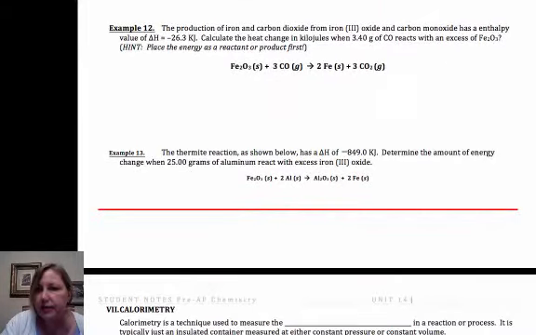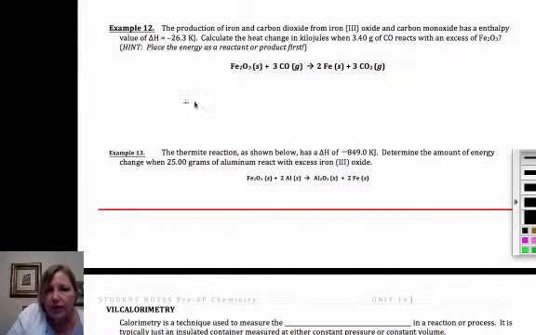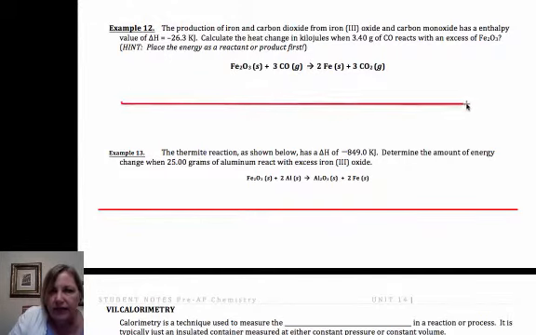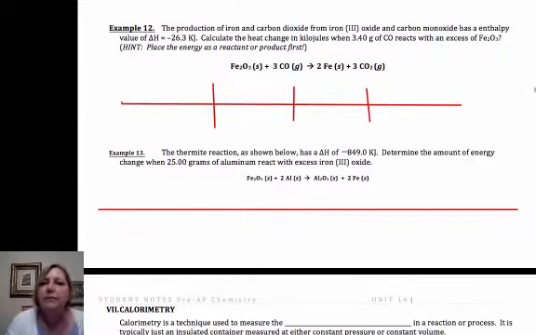Two more quick examples. This time we have the production of iron. We've got iron(III) oxide and carbon monoxide. Do you notice it says the enthalpy is negative?